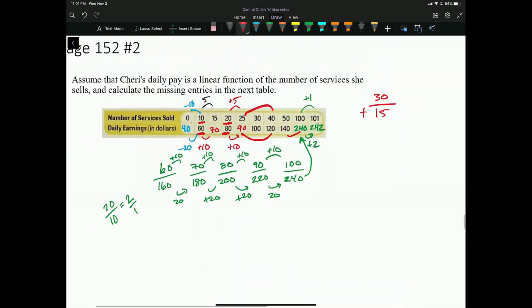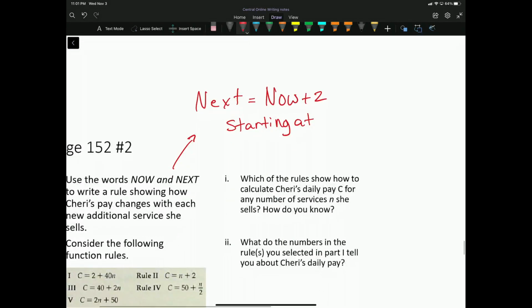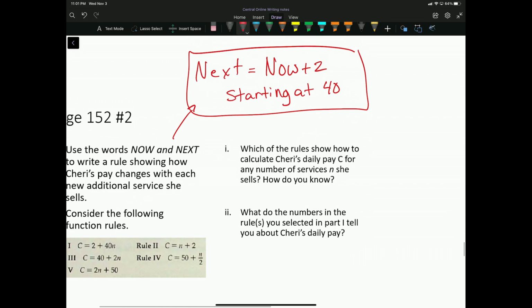If we look at our table, let's go all the way back. We're starting at 40, right? When our independent variable is 0, our dependent is going to be where we start. Right, so that's what you want to write. Make sure you know how to do this. This is going to be on a quiz.